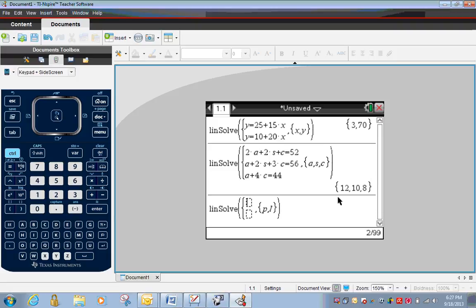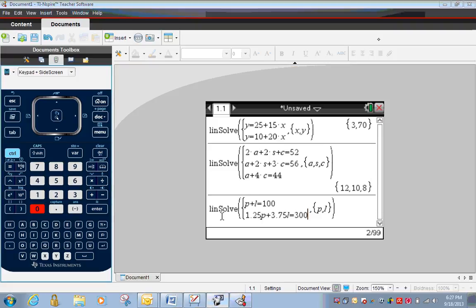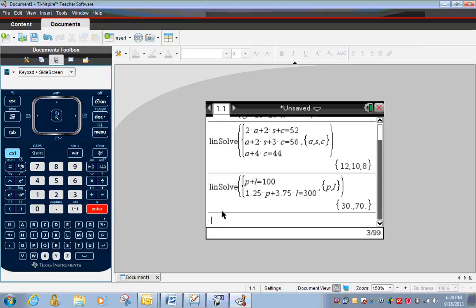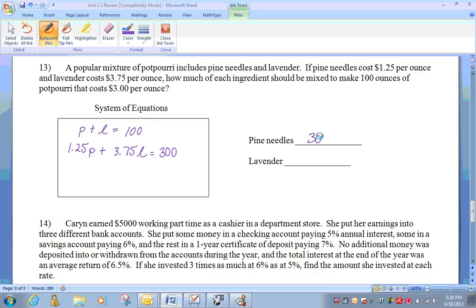How many ounces of each. Okay, so we've entered in our two equations, and once we hit enter, we get the solution of 30 and 70. So our answers are 30 ounces of pine needles and 70 ounces of lavender. So we can go ahead and fill that in.